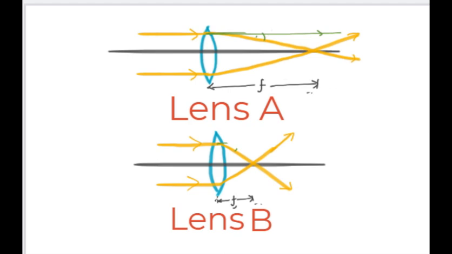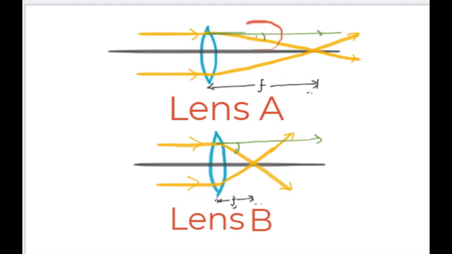Whereas in case of your second lens, again, the incident light was supposed to travel in this direction, but it got bent and started moving in this direction. Now, can you see the difference? There is a difference in the angle.